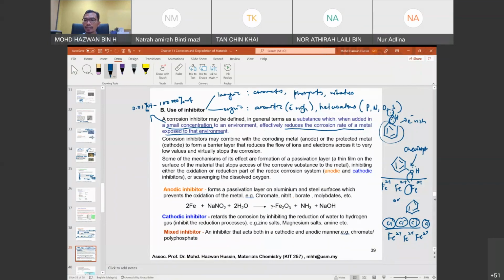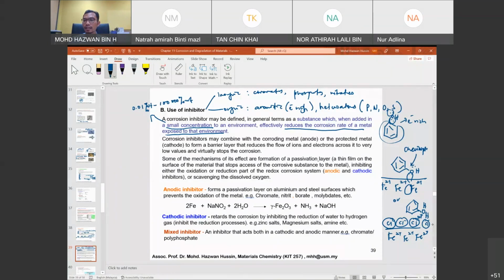For example, if I put this phenol inhibitor in acidic solution and at the same time you put iron, what happens is that phenol will be protonated. Plus it will form electrostatic interaction between the protonated phenols and the negatively charged covered surface of iron.